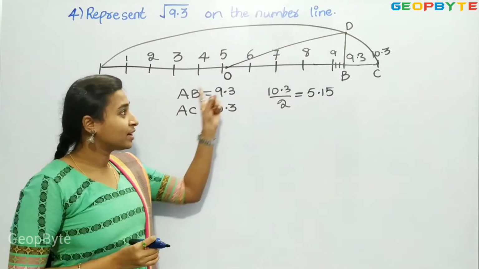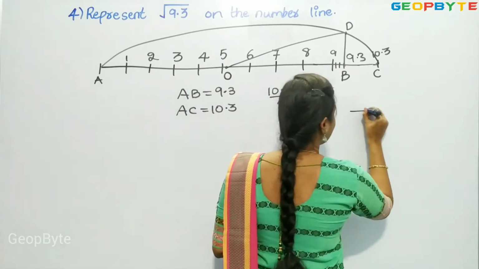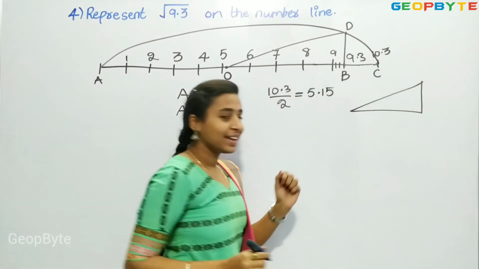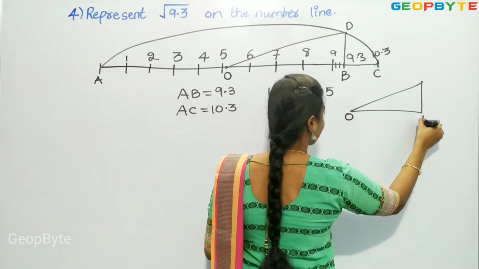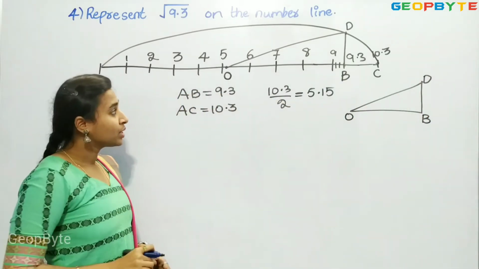Now if you observe, it is a right angle triangle, OBD.